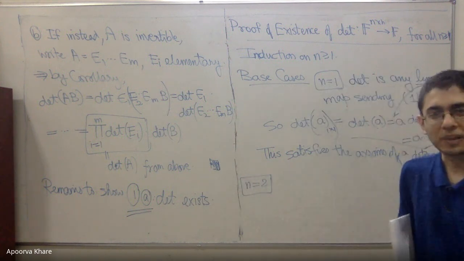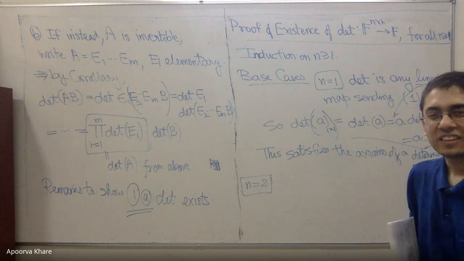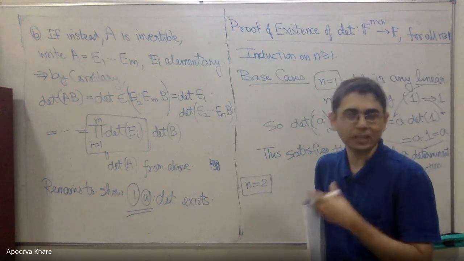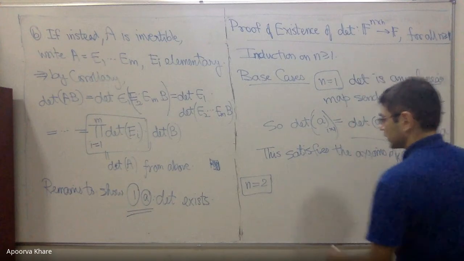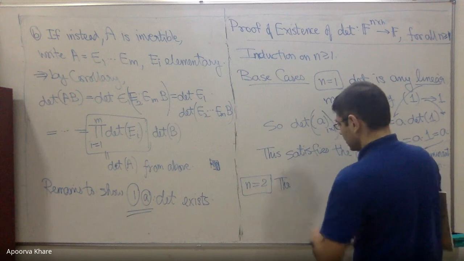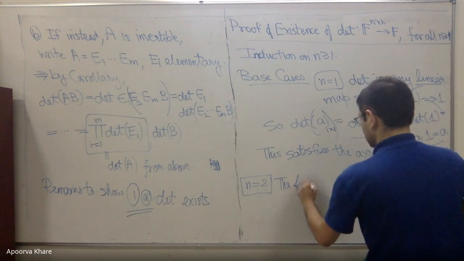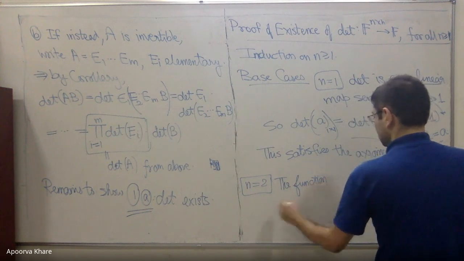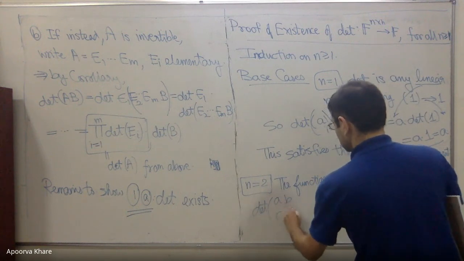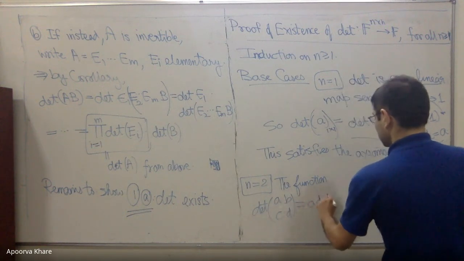Everybody should check this once in their life, I guess, that the following is indeed a valid determinant function. The following satisfies the same properties and therefore is a determinant. The function, and you all know what the function is: det of the matrix with rows (A, B) and (C, D) equals AD minus BC.